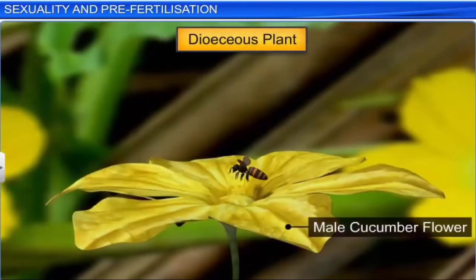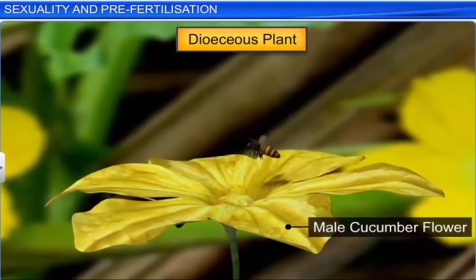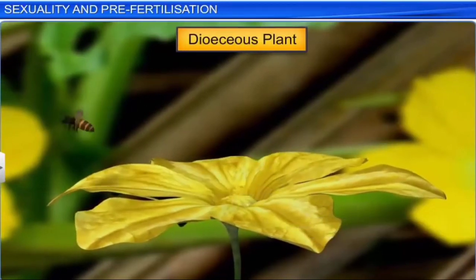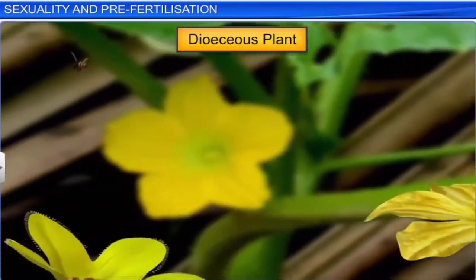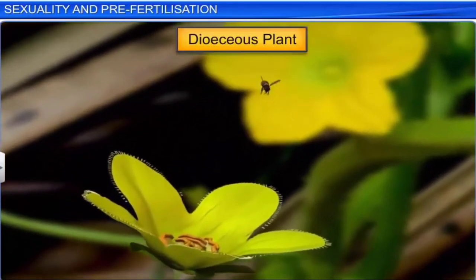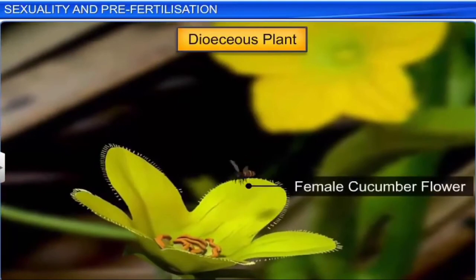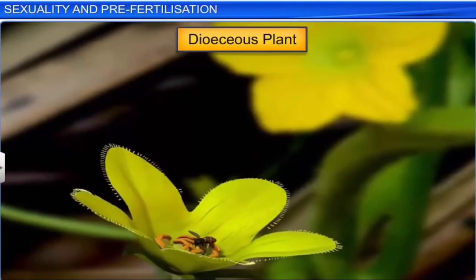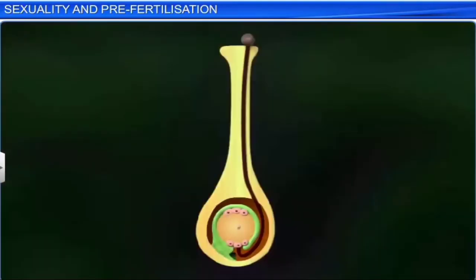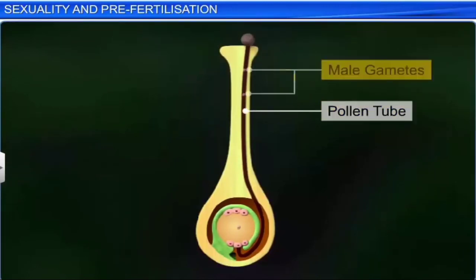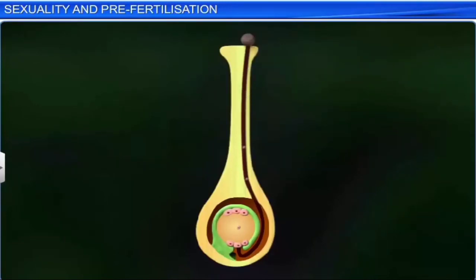In the case of dioecious plants, the transfer of pollen grains to the stigma takes place through pollination, a process in which wind, insects or bees deposit the pollen on the stigma. These pollen grains then germinate and produce a pollen tube that contains the male gametes. This tube penetrates the stigma and style to reach the ovule, where the male gametes are discharged.